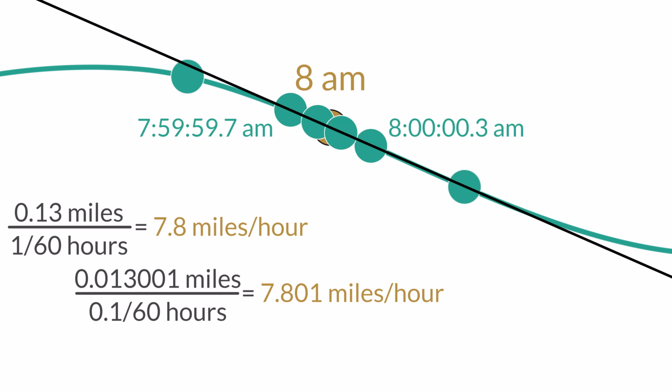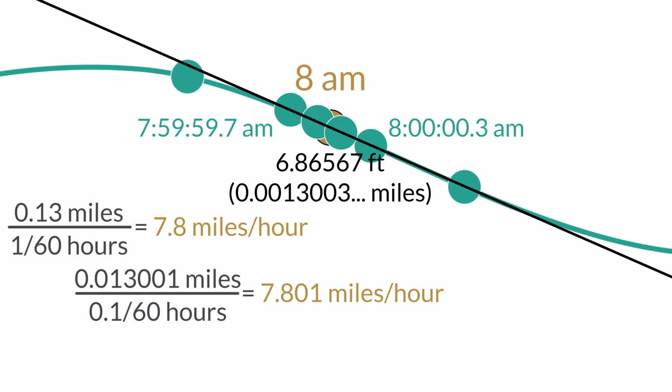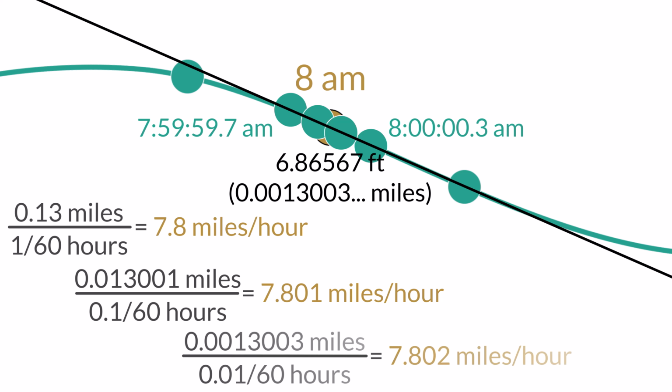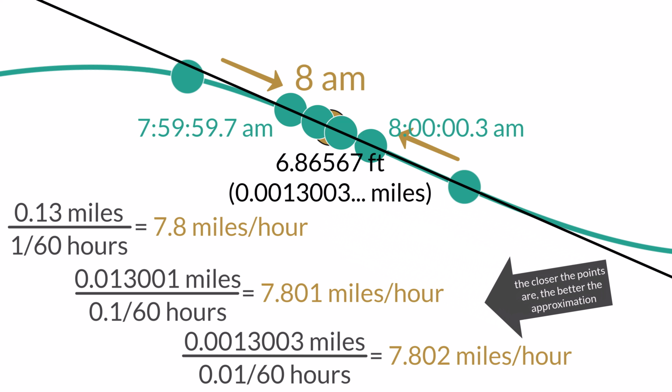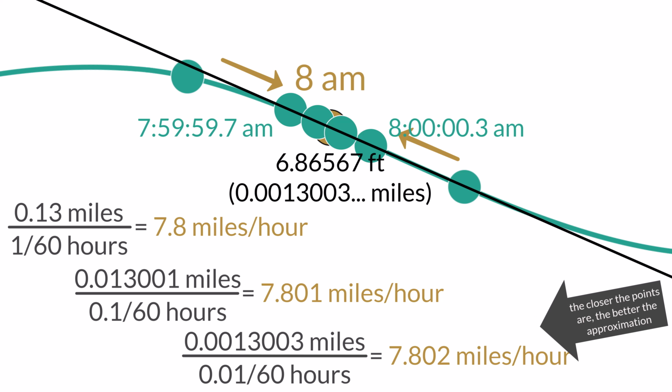Let's say in 0.01 minutes, I traveled 6.86567 feet. Then we could calculate again our average speed, which is getting closer and closer to this one instant of time at 8 a.m. Essentially, we can get a very good approximation for an instantaneous speed by looking at very, very small intervals.